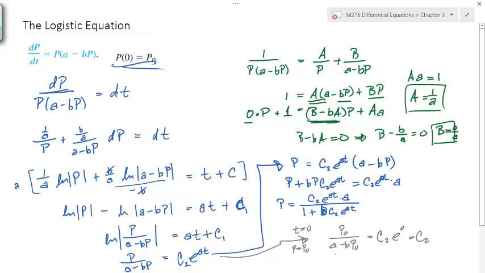So c2 is going to equal this whole thing. Let's attempt to put this expression in for c2 and see what we're going to get.